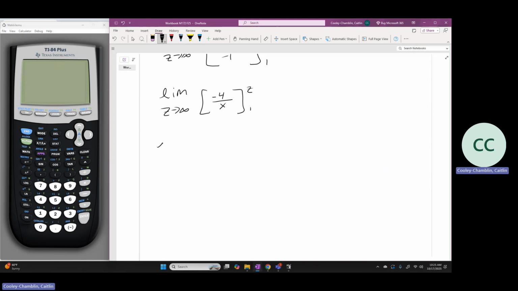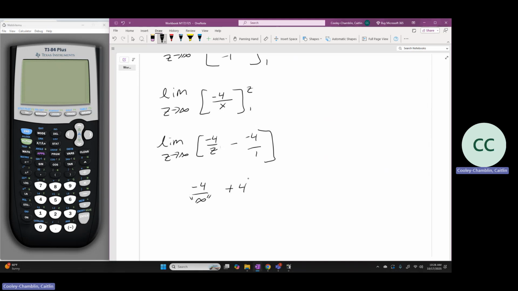All right, so we get the limit as z goes to infinity of negative 4 over z minus negative 4 over 1. All right, so taking this limit as z goes to infinity.